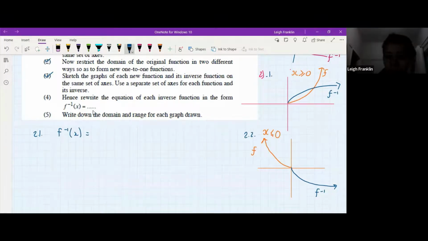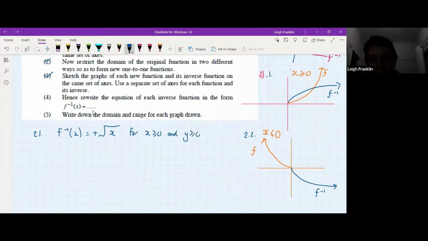Now we've got a choice here. We're going to either write positive or negative root x. So this one would be positive root x, for where x is greater than or equal to 0 and where y is greater than or equal to 0. Everybody happy with that?